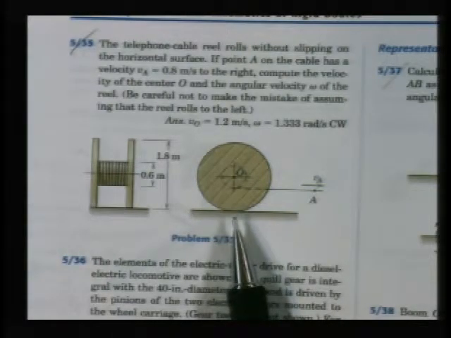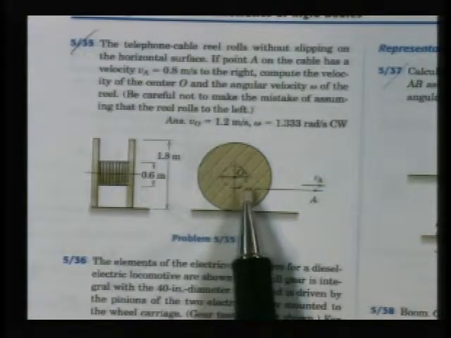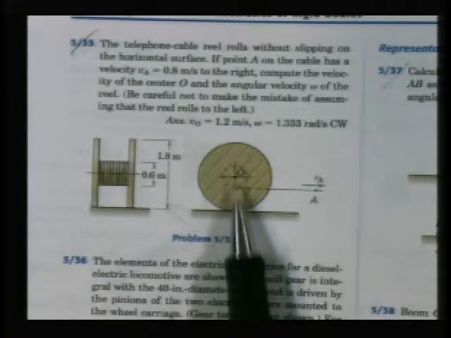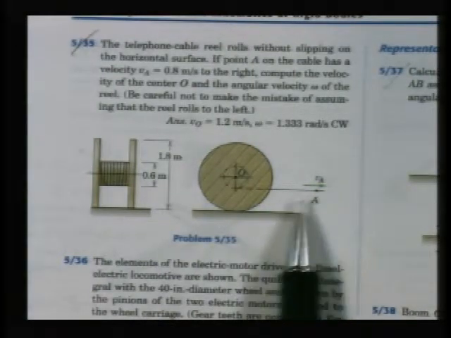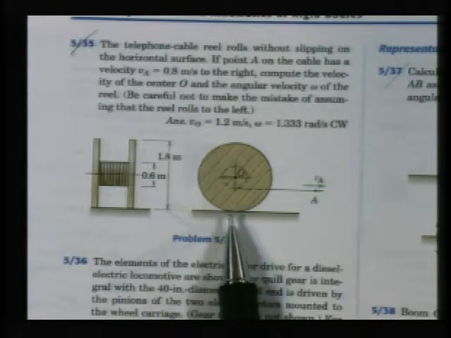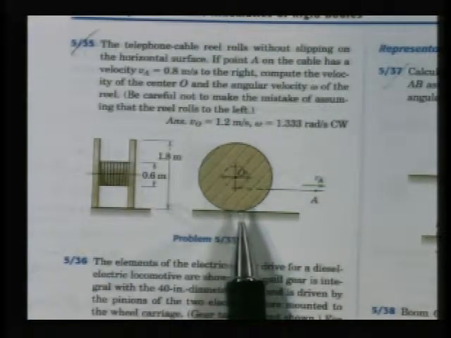So if we have a spool of cable or thread and we're pulling the underneath of the center, pulling the cable out at a speed of VA, the question asked here in your homework is, let's see how they do this problem.